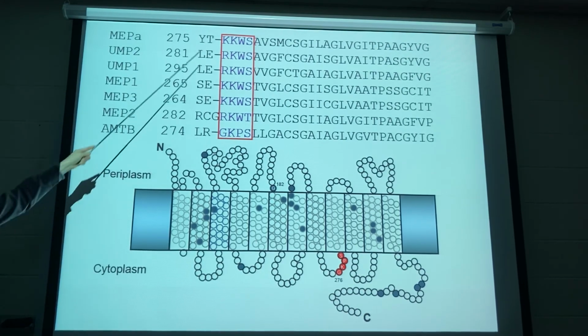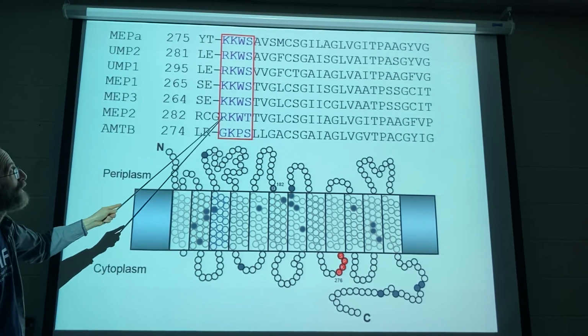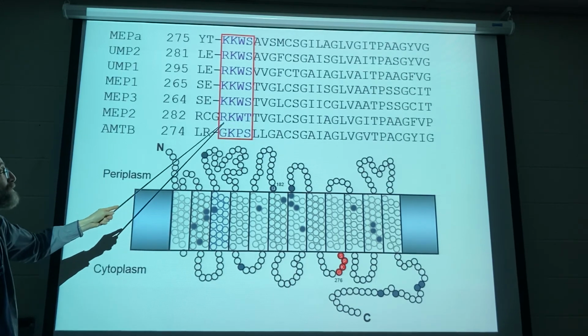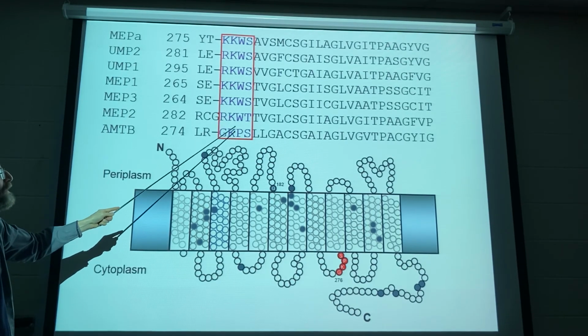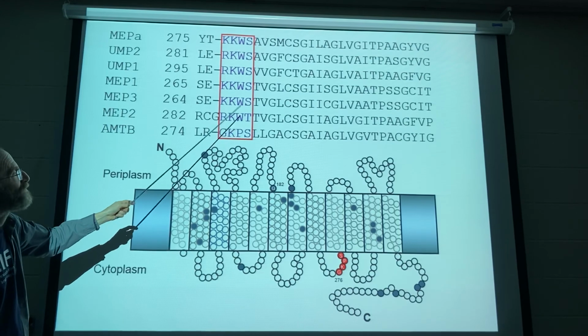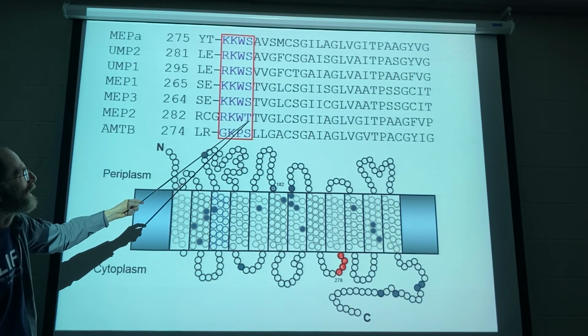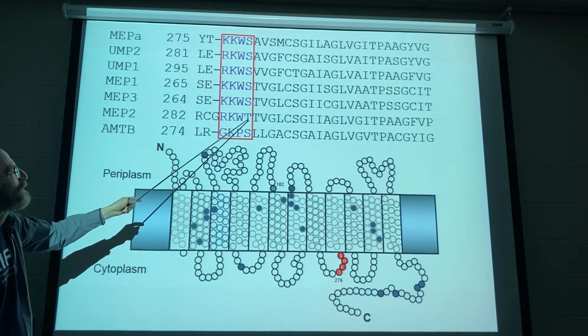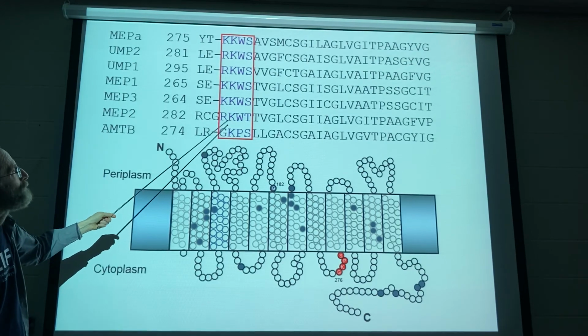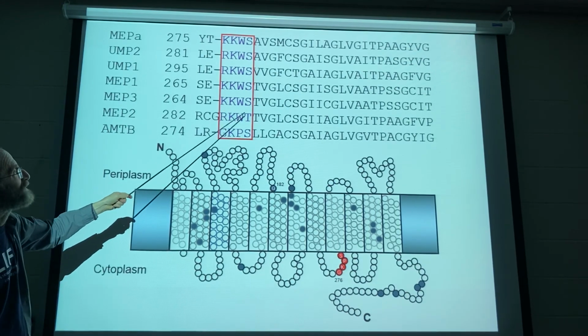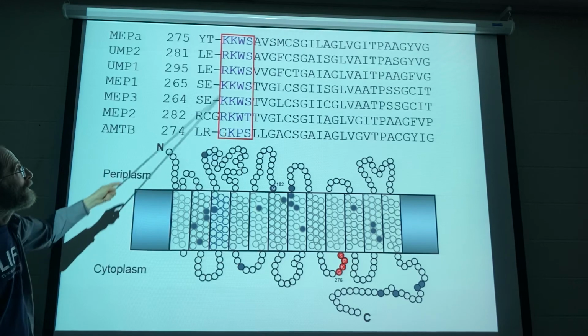Well, looking at this region, what you have is these four residues: arginine, lysine, tryptophan, and tyrosine, I believe. No, excuse me, threonine, or lysine, tryptophan, and serine.